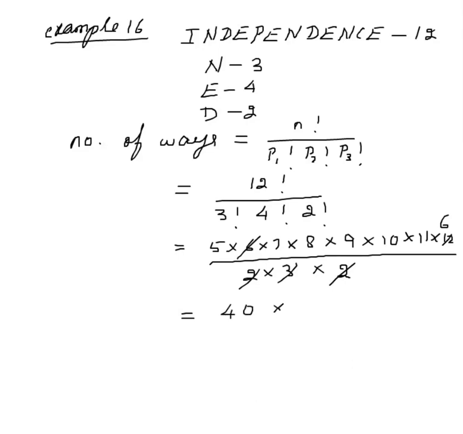Five eights are 40, 7 nines are 63 and 66 and 0. 2520 into 660. The answer is 1663200.